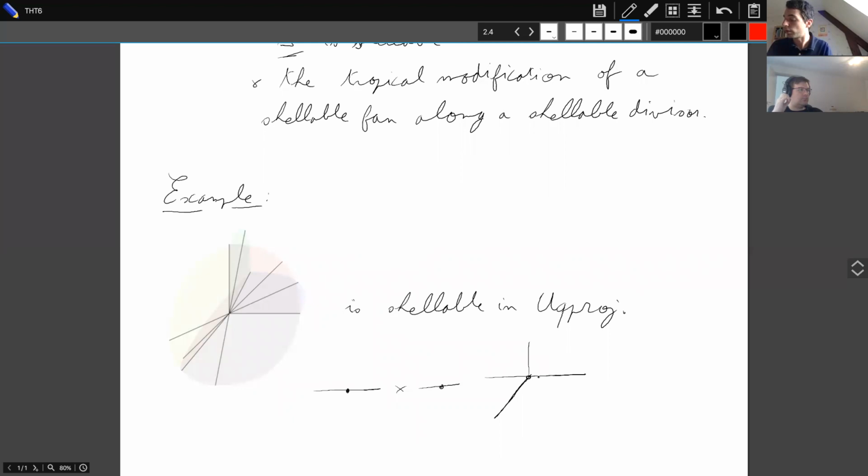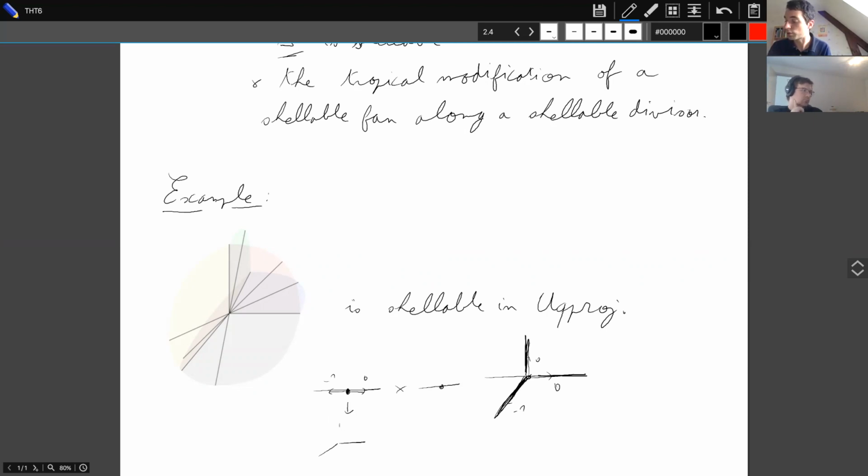And then I can take a function which is 0, 0, -1. The divisor is just the tropical line. So, okay, it's shareable. I haven't proved it, but from here I can take the function which is 0 here, -1 here. The divisor is shareable because it's just the origin.